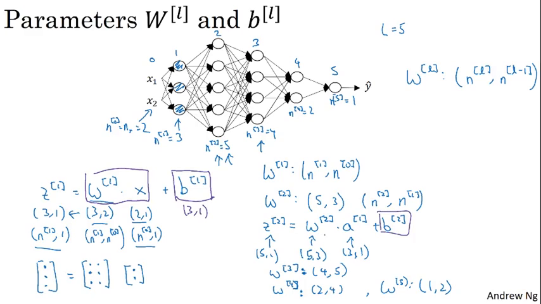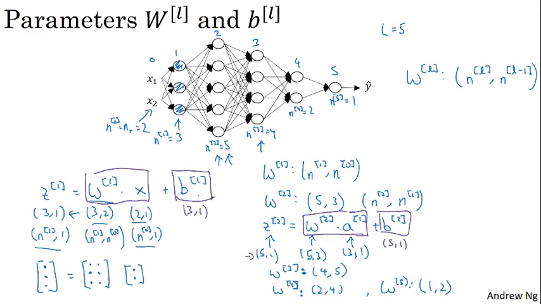Or in this example, you need to add this, which is going to be 5 by 1. So it's going to be another 5 by 1 vector in order for the sum of these two things that I have in the boxes to be itself a 5 by 1 vector.